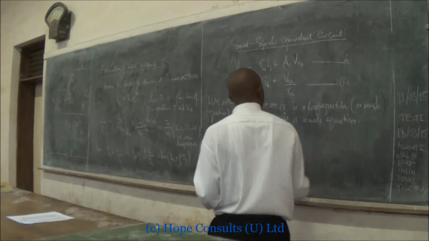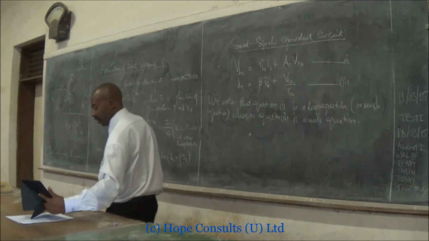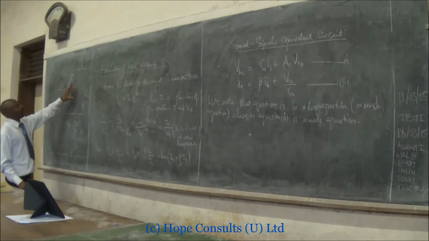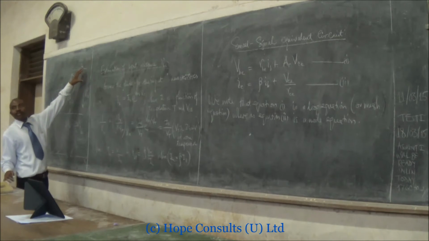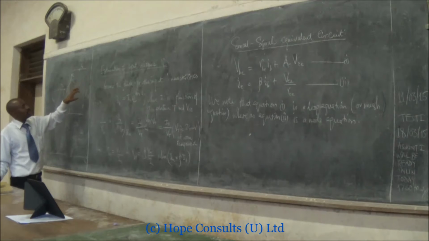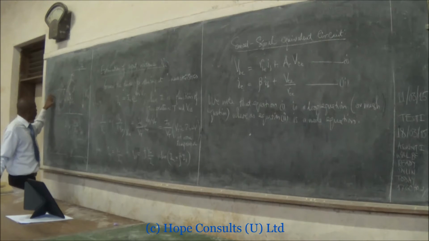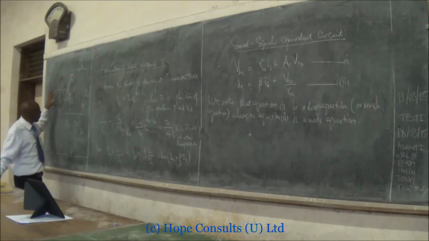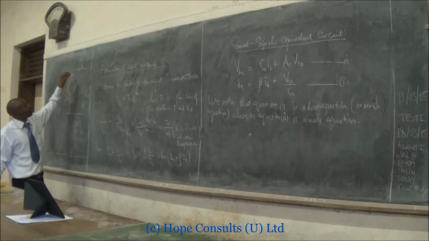Before that, if we were to complete our circuit, here we have a voltage VCE, a voltage VBE, and a current flowing through, and then we determine the input resistance somewhere in here, and an output resistance here.